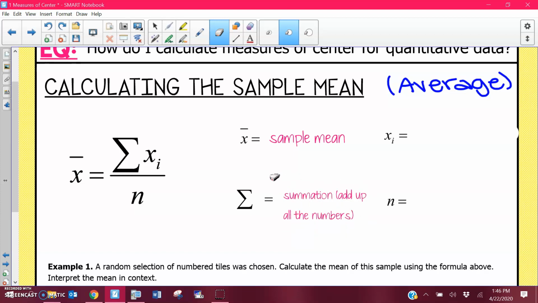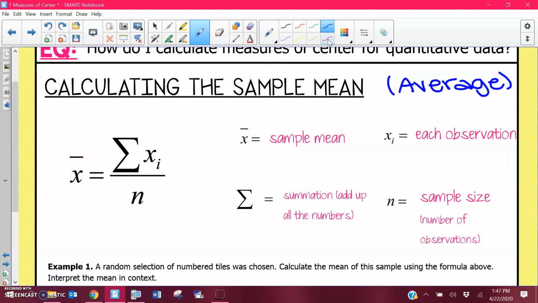After the summation, we have an x sub i, and all that means is each observation. So it's saying add up each piece of your set, and then divide by the number of observations, or the sample size. Again, all that this is saying is to add up the numbers, and then divide by the number of numbers.